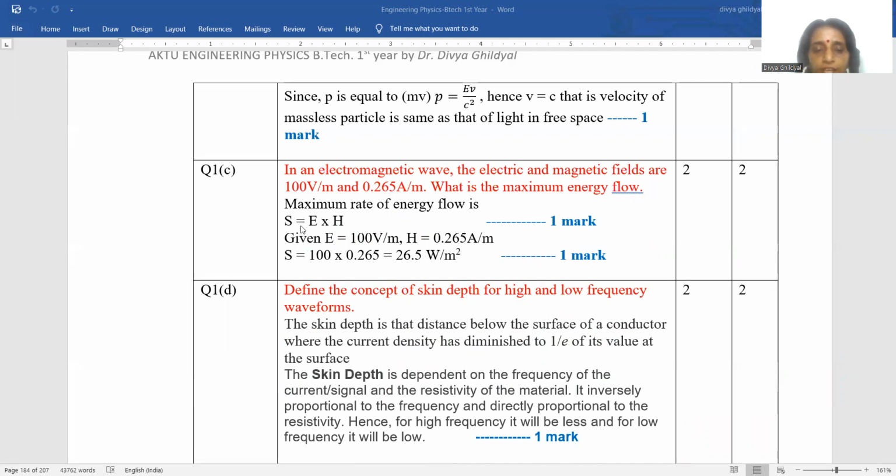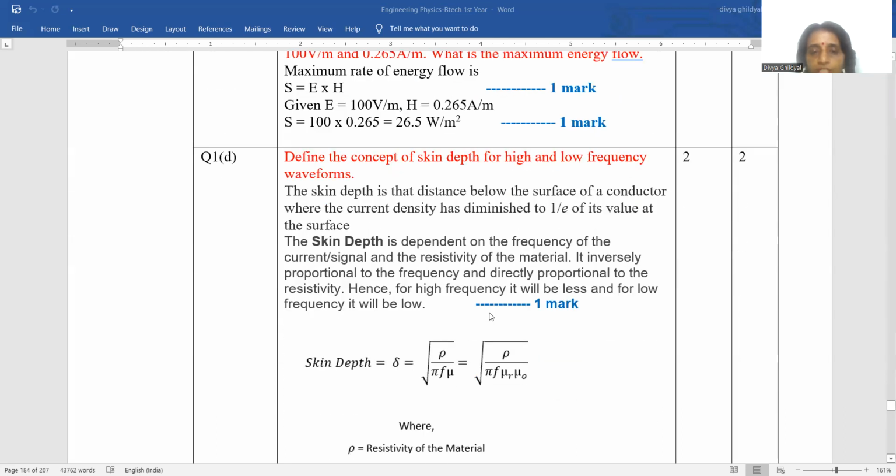From Poynting vector, we know that S is equal to E cross H. In this question paper, Poynting has been asked twice. There is another 10-mark question based on Poynting theorem. You have been given E as 100 volt per meter and H as 0.265 ampere per meter. You just have to cross multiply both of them to get the answer.